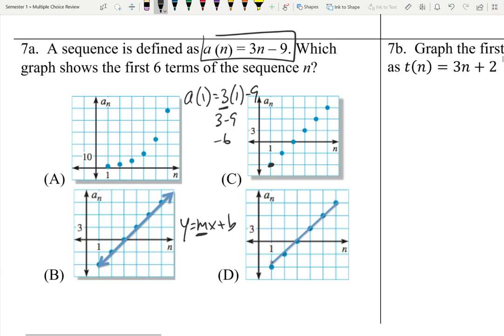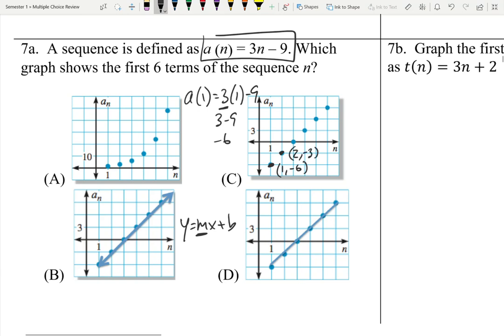So that means we should be going up 3 over 1. On our second term, if we went up 3 from the point 1, negative 6, that would be negative 3, right? Negative 6 plus 3 would be negative 3. And we're going over 1, that's 2, negative 3. So that looks right to me.